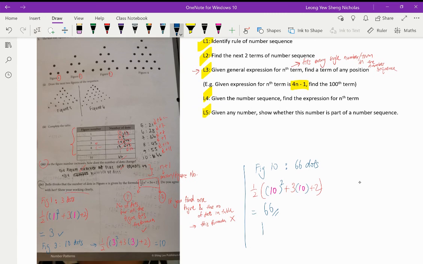Since the formula gives the correct number of dots, I agree with her. So this is question number 2.